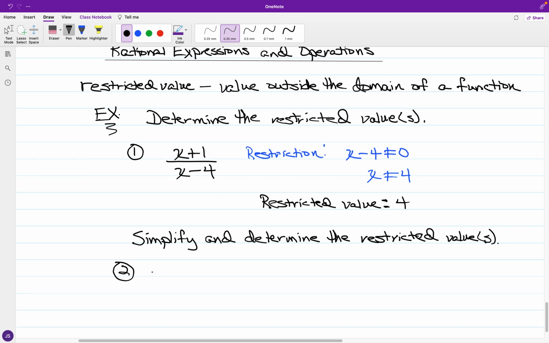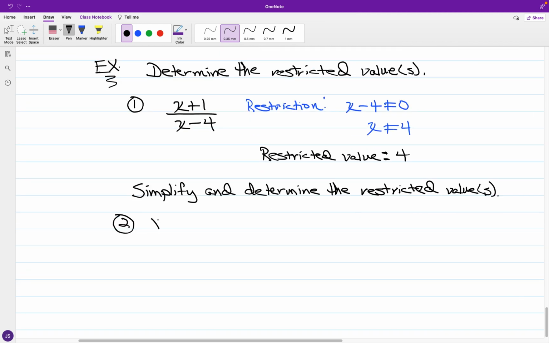Say we have an expression x cubed minus 16x, all over x cubed plus 6x squared plus 8x.